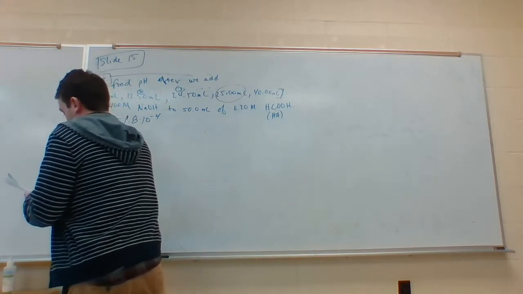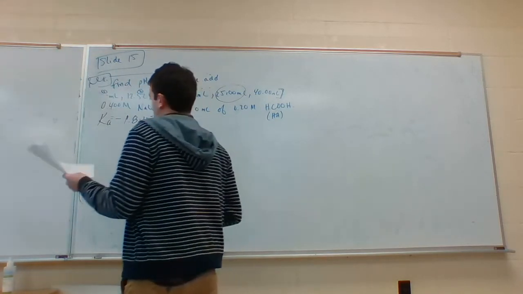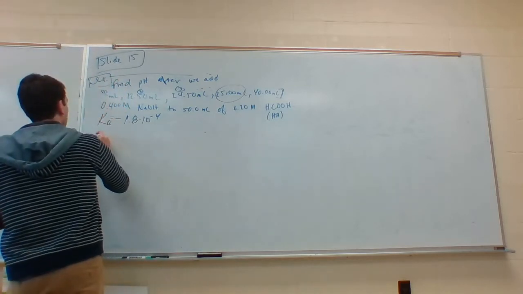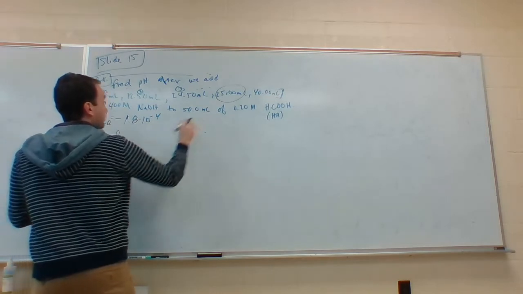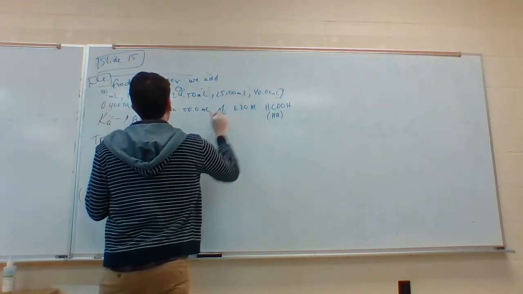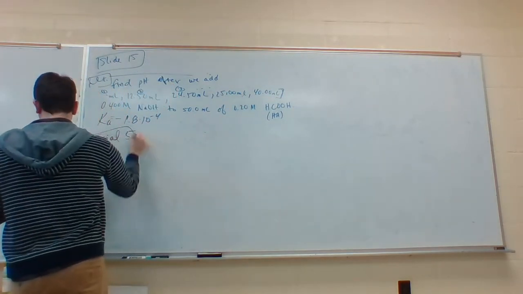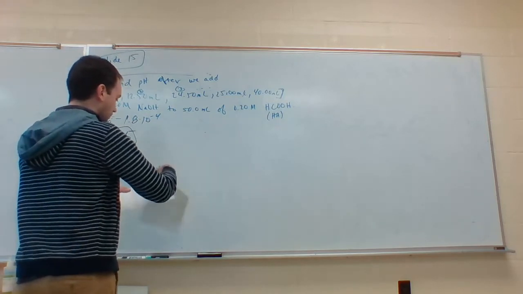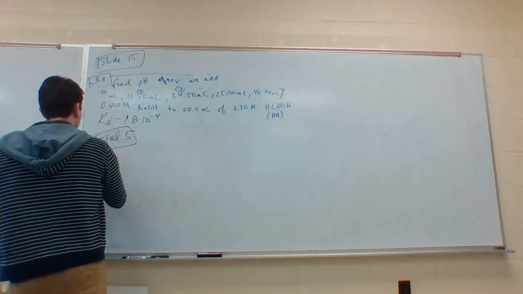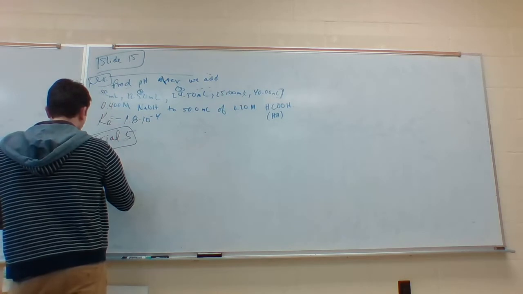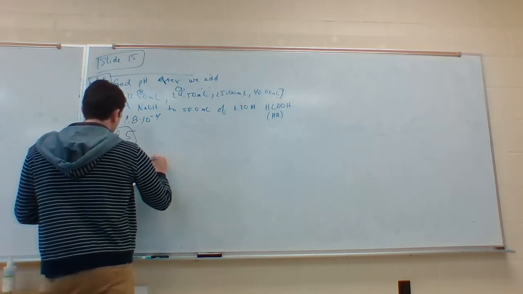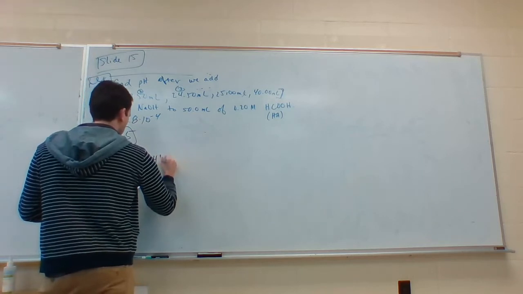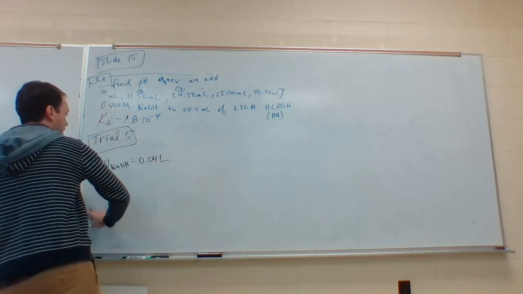Now, let's try to do trial 5. For trial 5, the first thing that we're going to do is, as always, list our values: the volume of base, 0.04 liters.